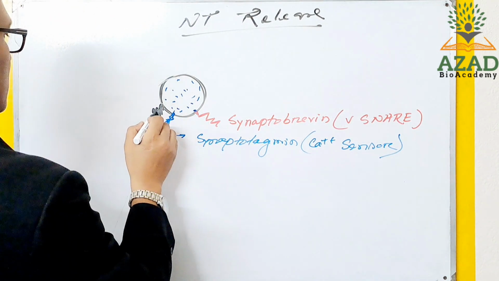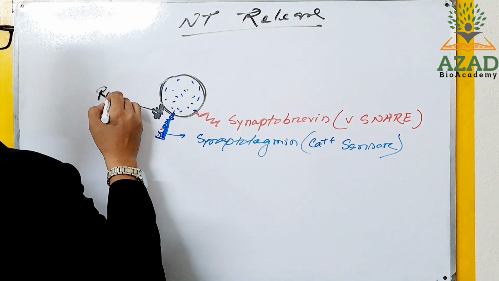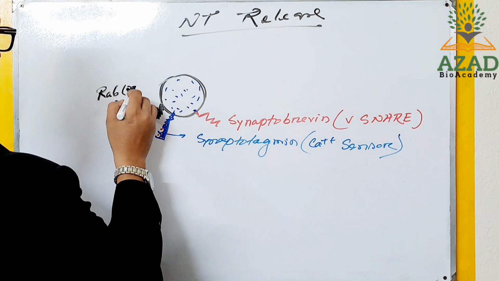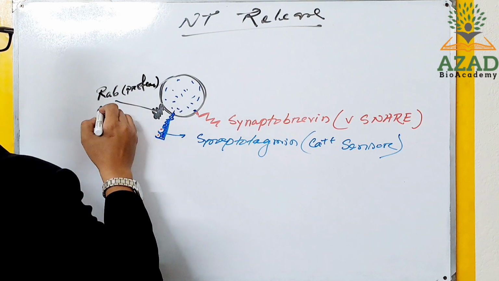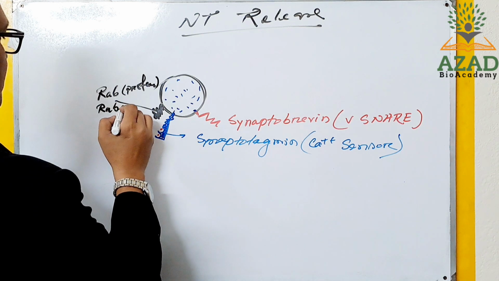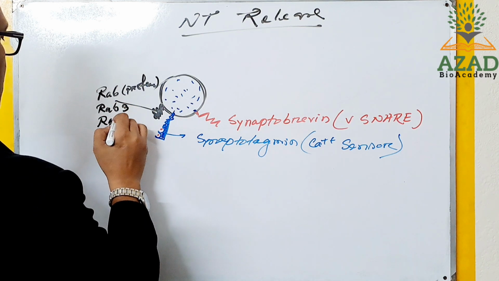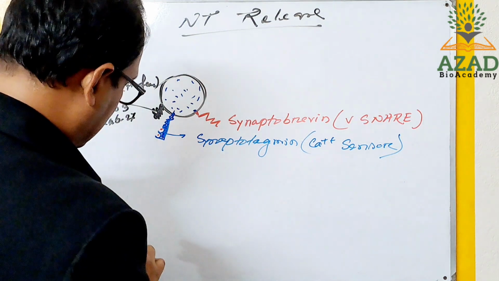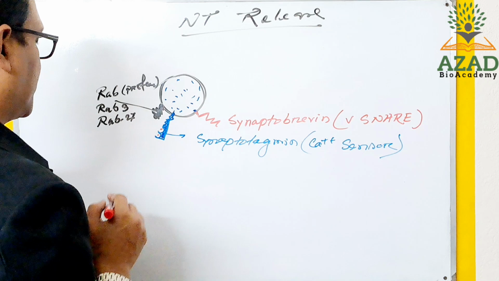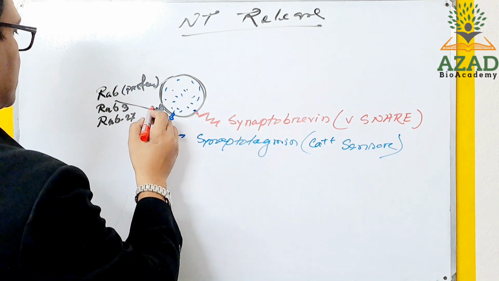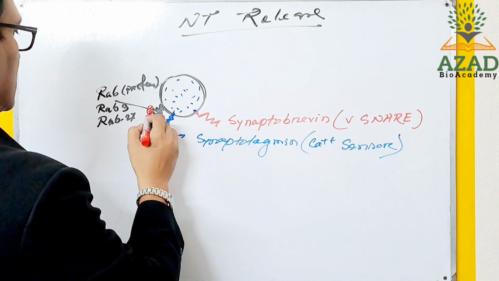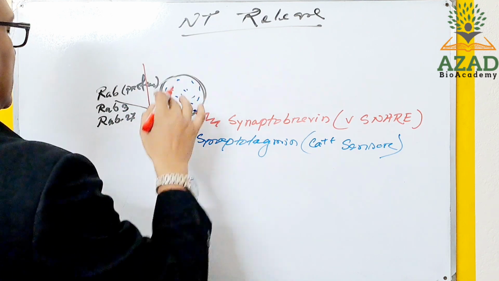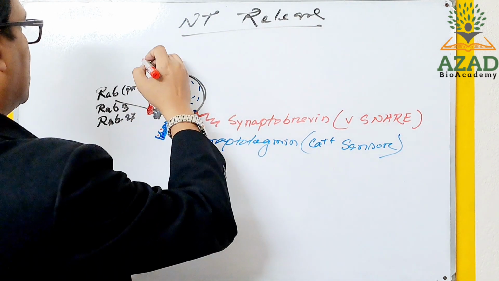This is called RAB protein. You can say RAB3, RAB27. These are RAB proteins. And the RAB protein is initially attached with GDP, in an inactive position.